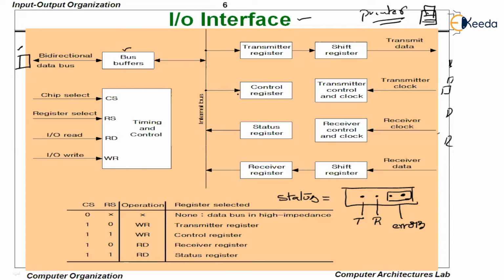Now, before you send a data item to the transmitter register, you should look at this digit. If the digit is equal to 1, that means this register is full. If the digit is 0, that means this register is empty. So, whenever the transmitter digit is equal to 0 in the status register, then we will be able to transfer the data word into the transmitter register.